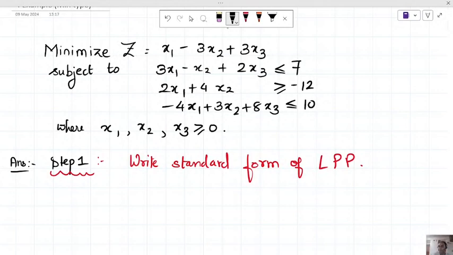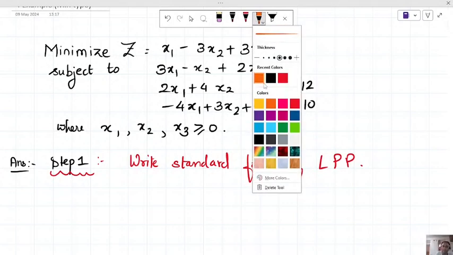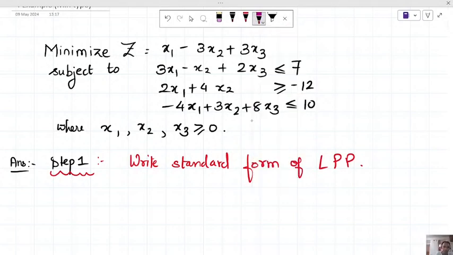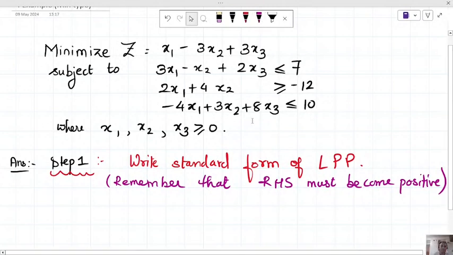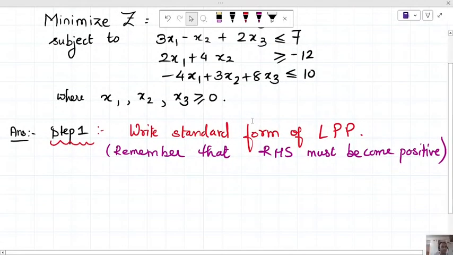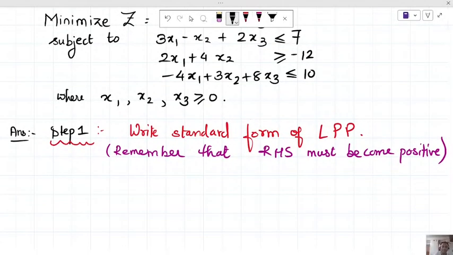And you have to remember one important thing here, that RHS must become positive. You make your RHS positive, that is what is required. So in order to write the LPP in the standard form, we first see the condition.